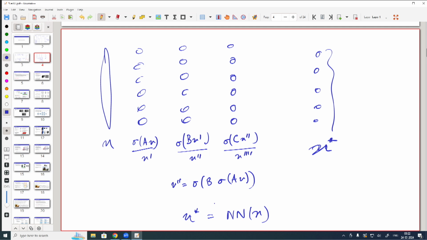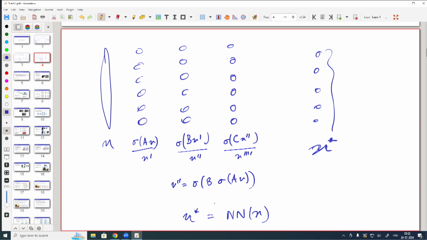B is a matrix, and A is a matrix. So, B times A times x. That is basically just a matrix multiplied with a matrix multiplied with a vector. Matrix times matrix is another matrix, so I might as well have just written down one layer. Why did I need two layers?